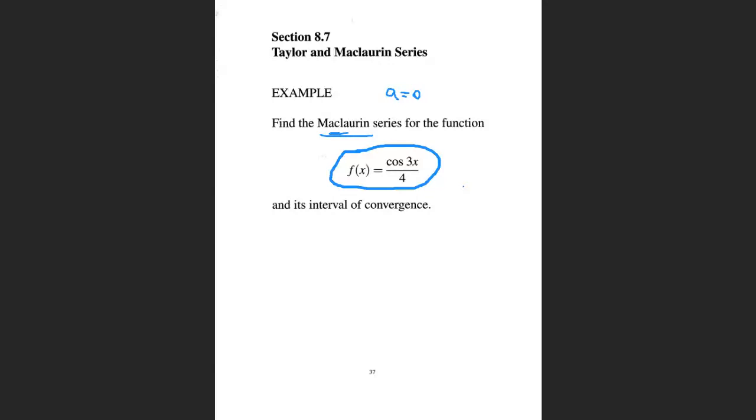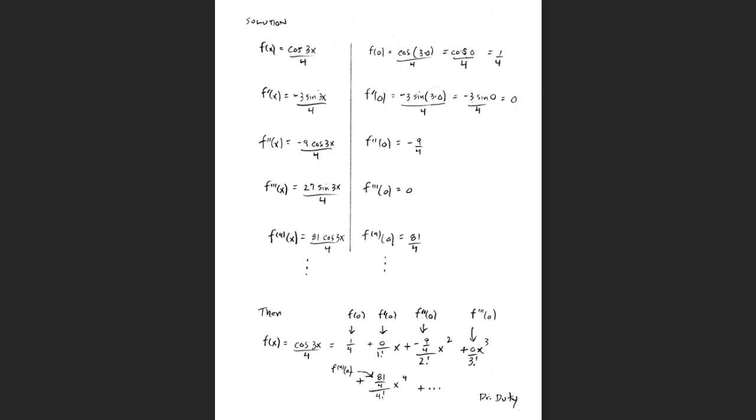So here's the function, cosine of 3x divided by 4. And let me go to the next page where I'm going to show you a portion of the solution here. Okay, so what I choose to do is find the first 4 derivatives of the cosine of 3x over 4.